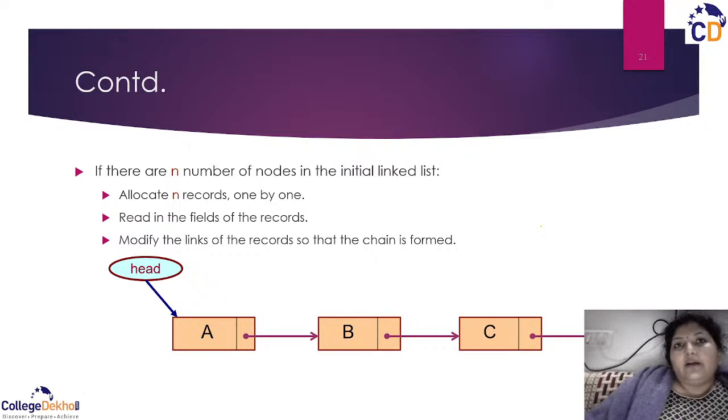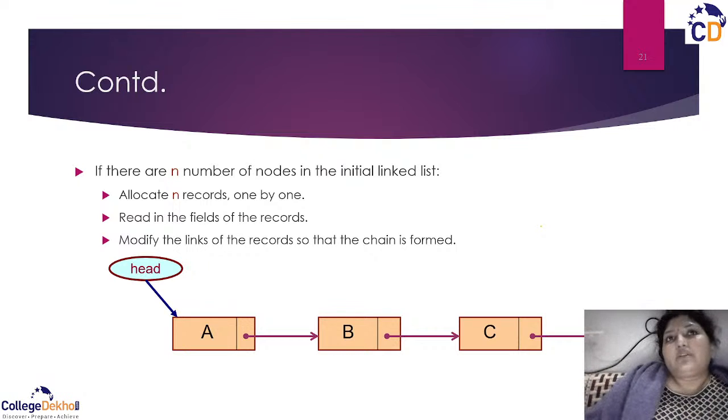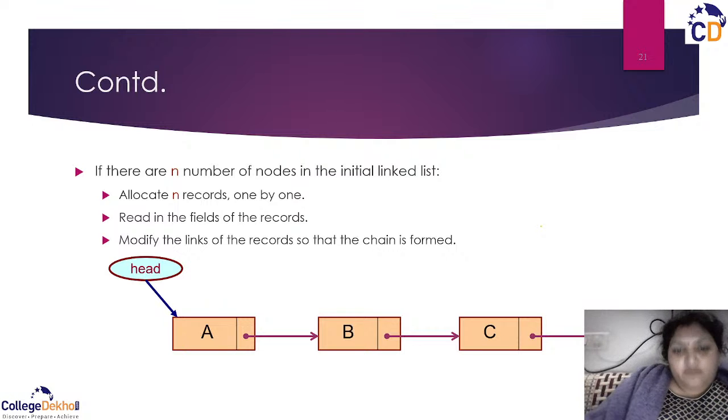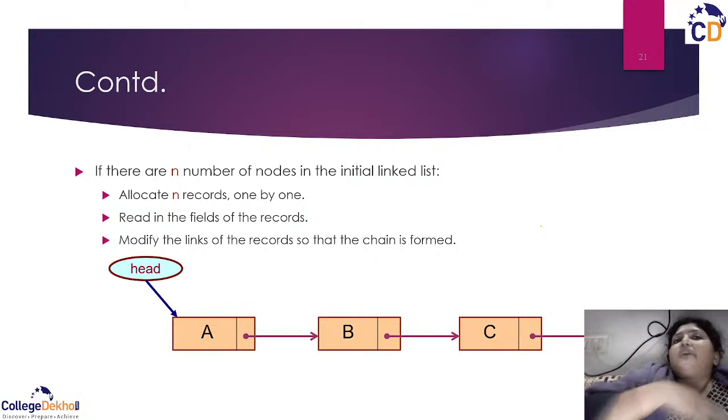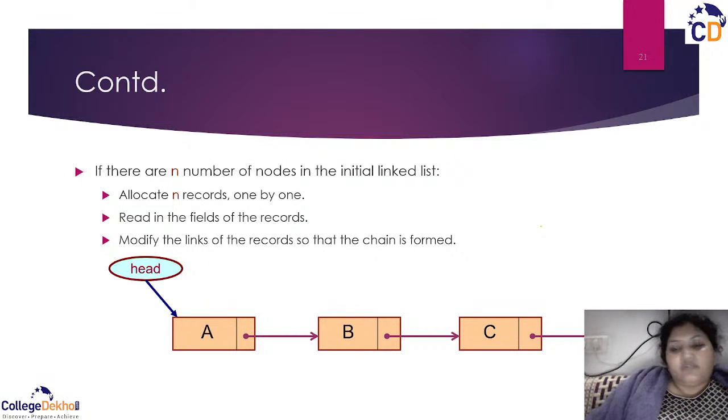So I think you have understood the different operations that we can perform on a linked list, right? What we cannot do, the disadvantage, is that we cannot have direct access to any element. The elements can be accessed only if we find the address of the first node. If we know the first node, we can find the other elements of the list.